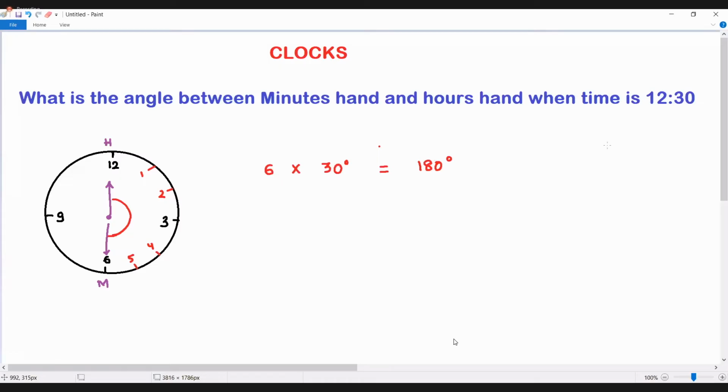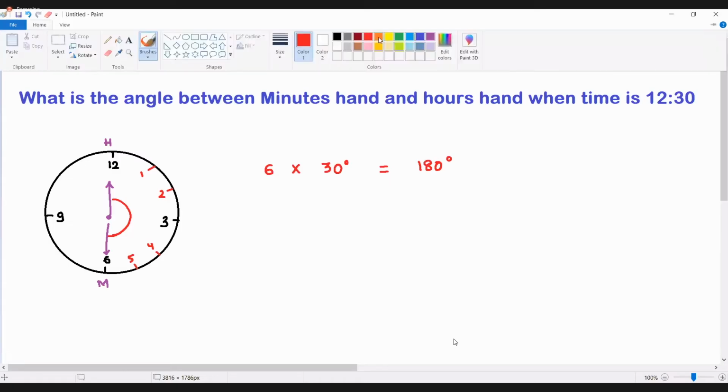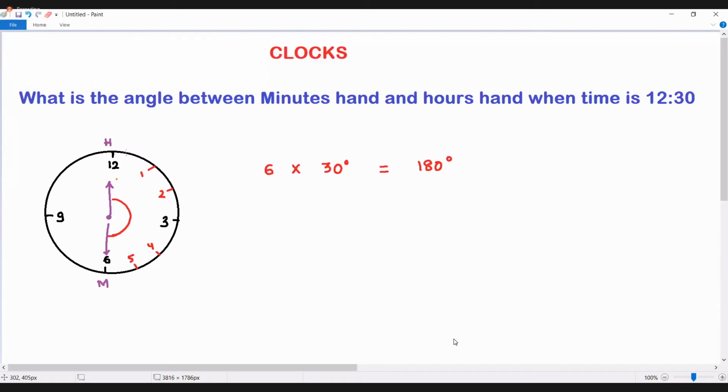But with that, our answer is not over. This is 12:30, which means the hour hand will not be pointing exactly towards 12. It will make some tilt towards 1. How much tilt? It is a tilt of 30 minutes because this is 12:30. Since every 1 hour makes 30 degrees of tilt, half an hour will make 15 degrees.